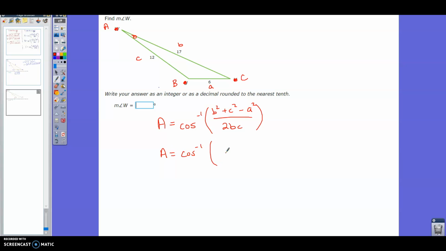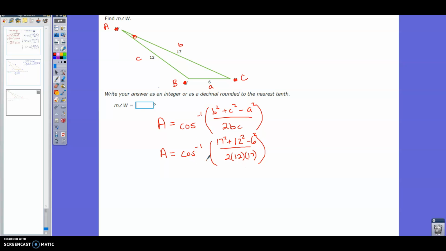So we're going to fill out everything they gave us. Side B was 17. Side C was 12. And side A was 6. And we're going to reuse those numbers basically.